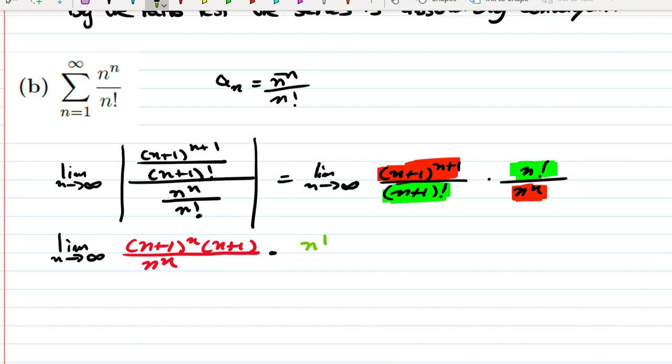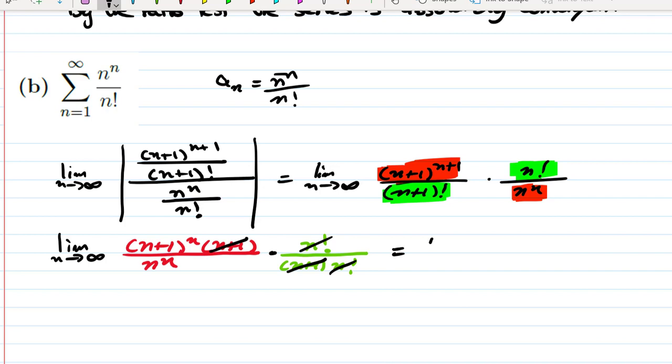Here I get my n factorial, and in the denominator it's going to be (n+1) times n factorial. So a couple of things reduce out. The n factorial and the n factorial reduce out. And then the (n+1) here reduces out with the (n+1) here. And now we're left with (n+1)^n over n^n.